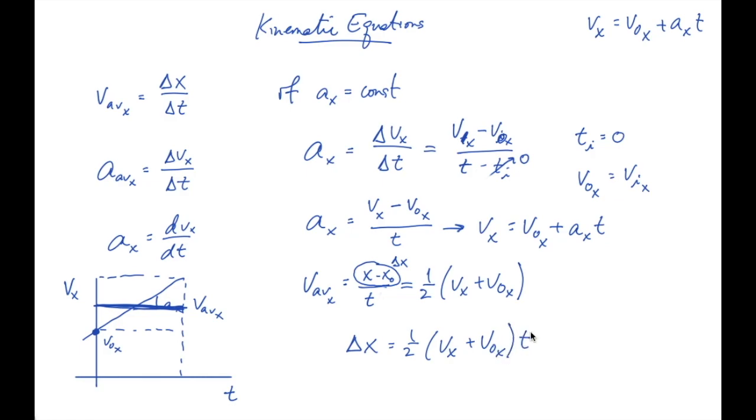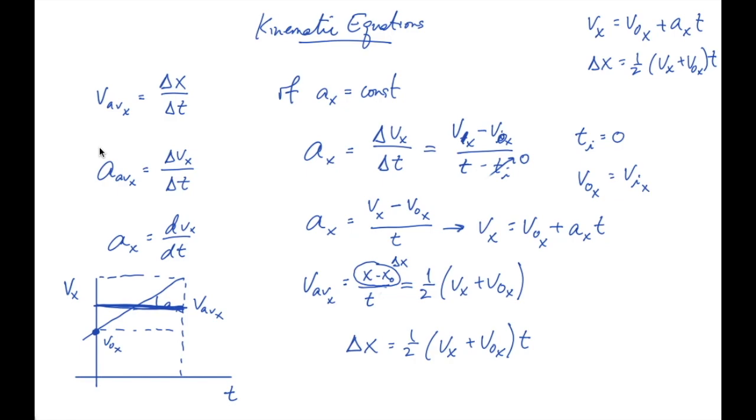And that comes from the definition of average velocity and the plot of velocity versus time for a linear function. And that becomes our second kinematic equation: delta x, your change in horizontal position, is 1/2 (v_x plus v naught x) times t.